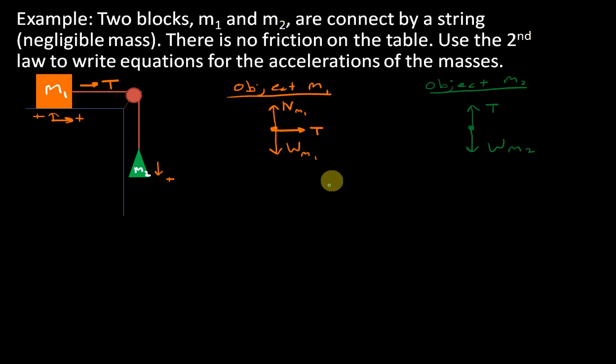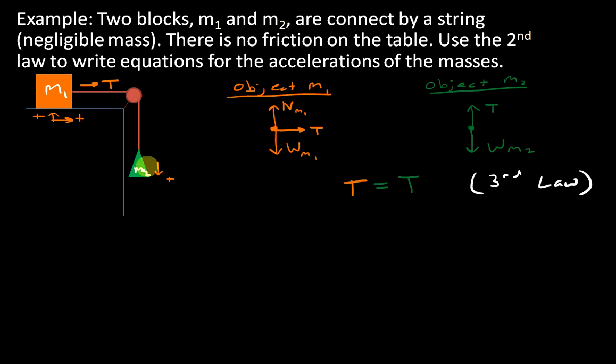Something interesting: this tension here is equal to the orange tension. How do we know that? That's from the third law. That might be helpful in problems where there are numbers, because those two tensions have to be the same thing. You might be able to use that when you're plugging in and solving.